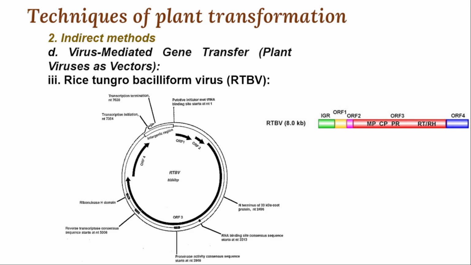And one more virus is the rice tungro virus. It is also a double-stranded virus, almost similar, with 8,000 base pairs.